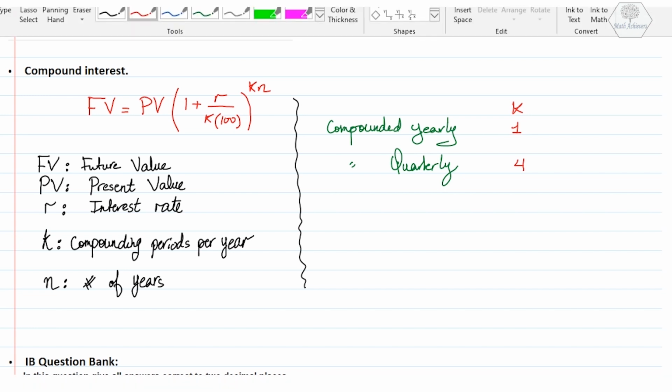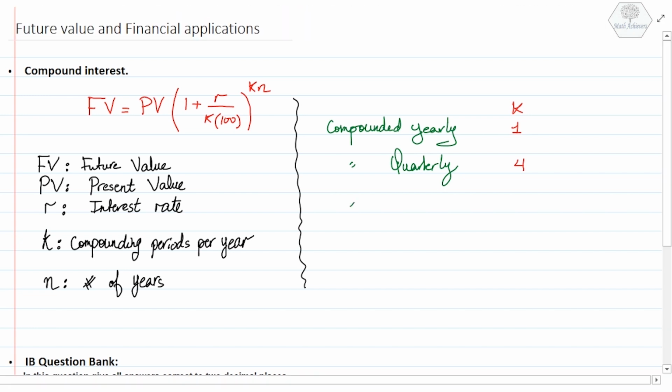And if it was compounded monthly, which means I compound each month, the compounding periods per year is equal to 12.